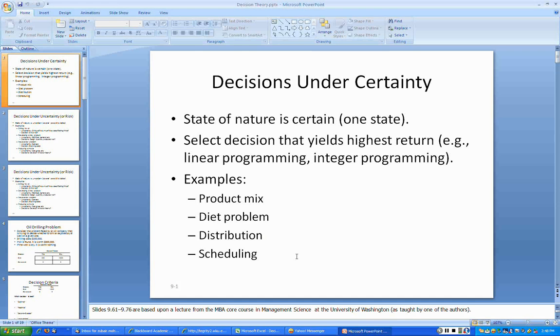The diet problem, if you look at it, like how much of those basic ingredients to use to arrive at a meal plan that would have the necessary vitamins and other things the body needs, and keeping the cost low, distribution, scheduling. These are the problems of decision making under certainty.